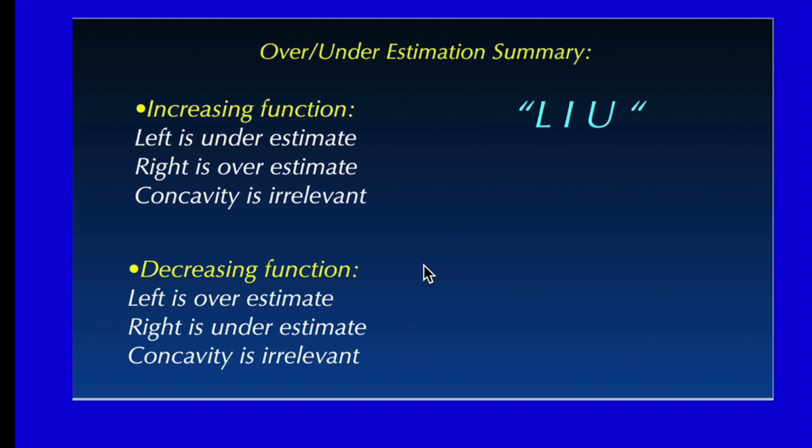Moving down here, if you have a right decreasing function, that's opposite, think of that as a negative sign. This is opposite, think of that as a negative sign. The two negatives make a positive, there's no change. A right decreasing function is an underestimate.